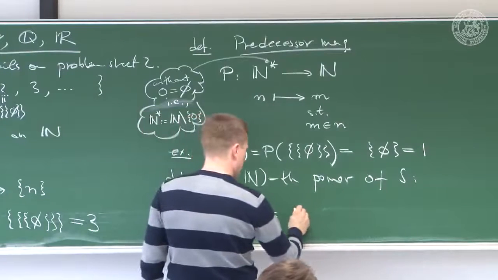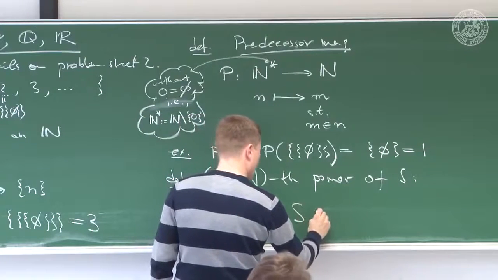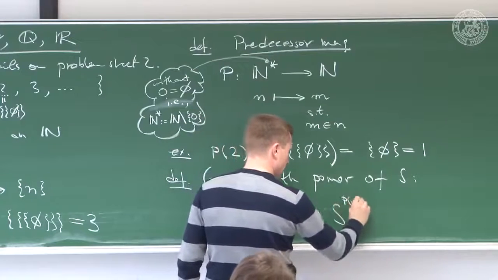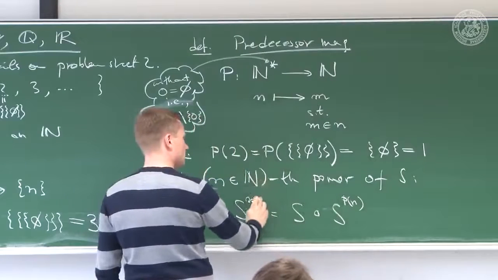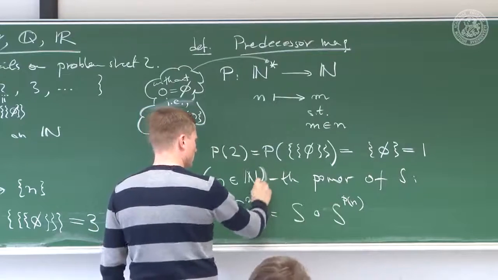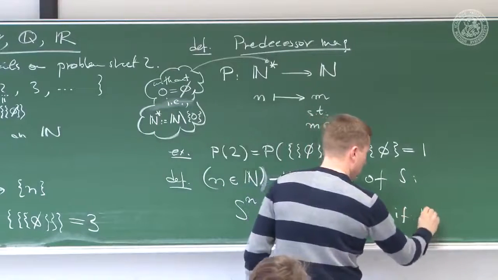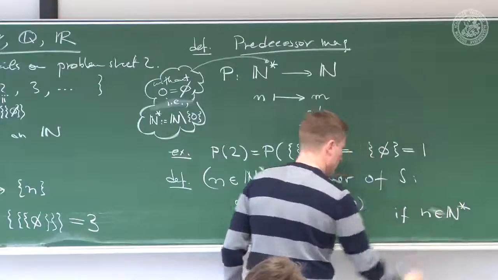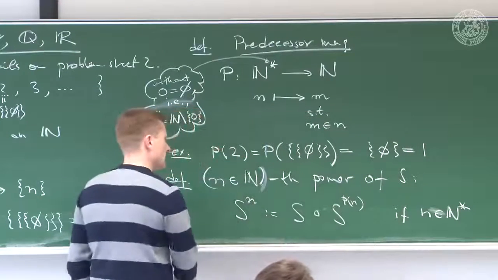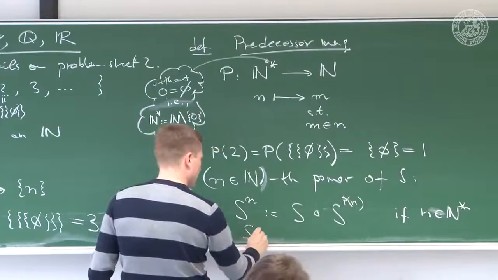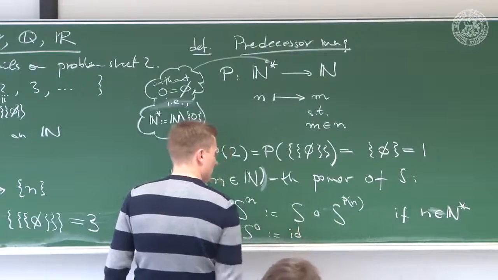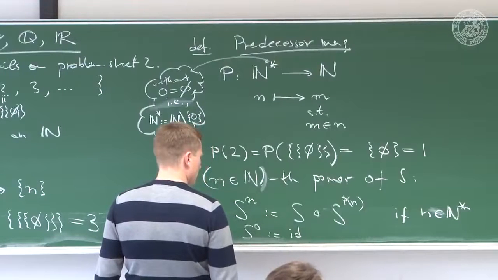Well, it's defined as S after S to the predecessor of n, if n indeed comes from N star, because only then can I write this, and we define S to the 0 to be the identity.